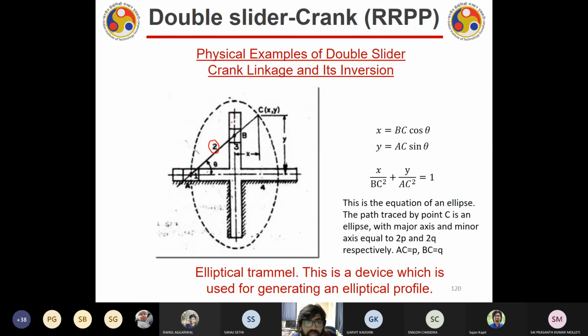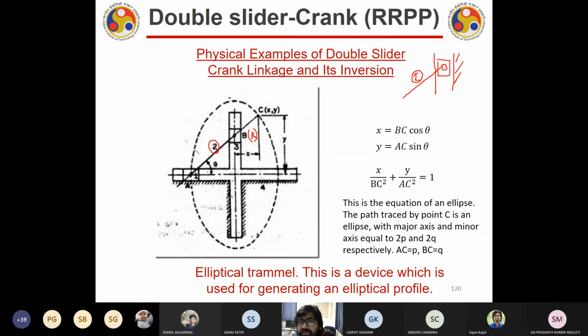So let me write it properly. This is nothing but a rotary joint, where this particular link 2 is attached with the slider through a rotary joint. Let me draw it for you. This is link number 2. It is attached with a piston, or a prismatic joint arrangement, through a rotary joint. Then it is in the frame. This is the frame, and it is a prismatic joint.